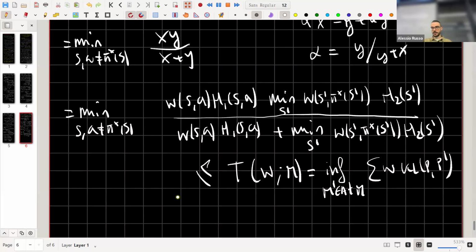So the infimum over alternative models of the sum of the W's times the KL is lower bounded by this quantity.